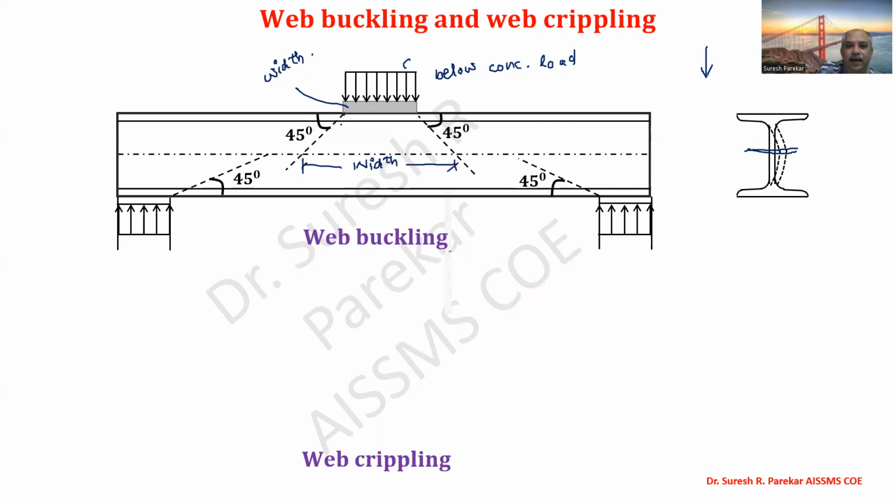Because the angle is 45 degrees, if we have total h, it becomes h by 2 and h by 2. So never confuse web buckling with this; buckling is always at the center of the beam.